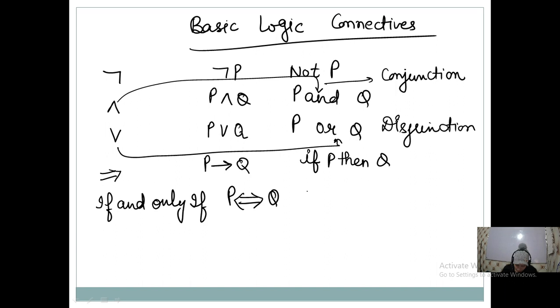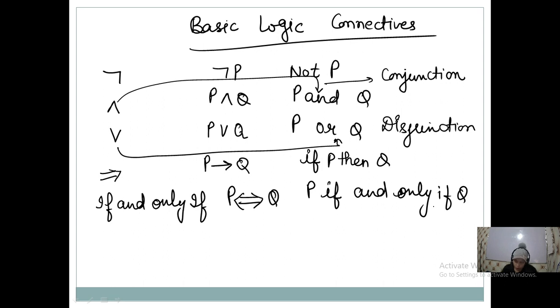In this symbol we can say P if and only if Q. P will be true only if Q is true, and only if Q is true can we say that P will be true.